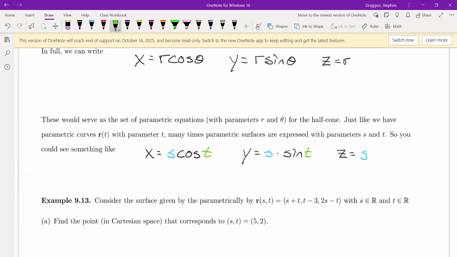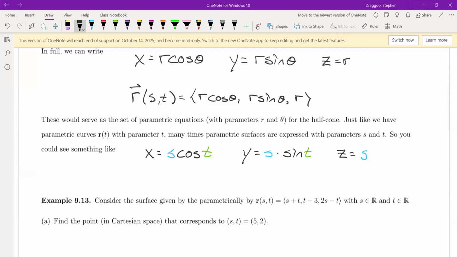One of the main reasons we do that is that it's kind of hard to write out the vector equation r of s and t equals r cosine theta, r sine theta, r. Because now I'm using r too many times.